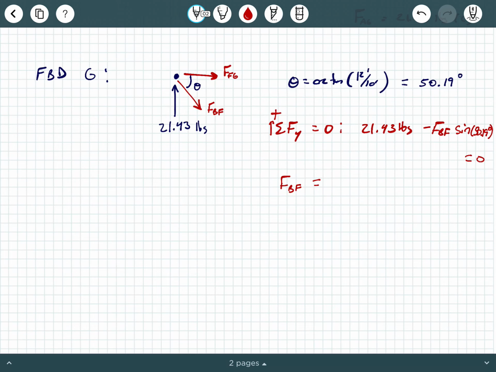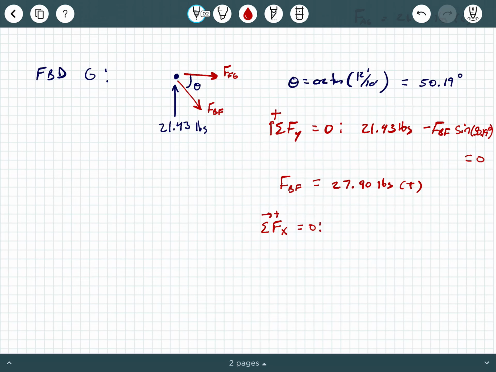I'm punching this in my calculator right along with you. 21.43 divided by sine of 50.19, and you should get a force of 27.90 pounds in tension.